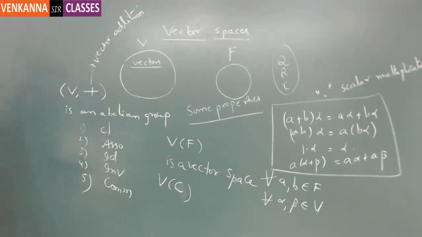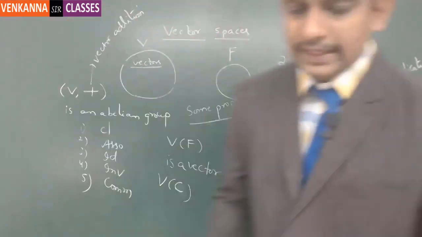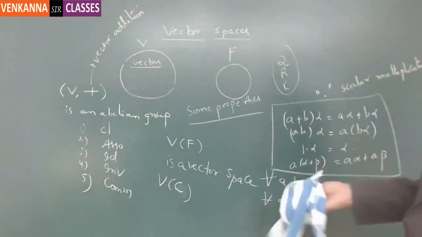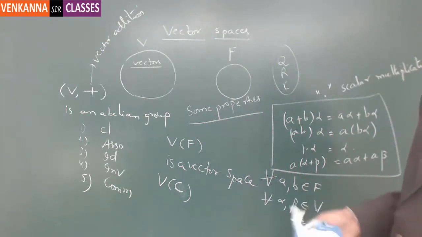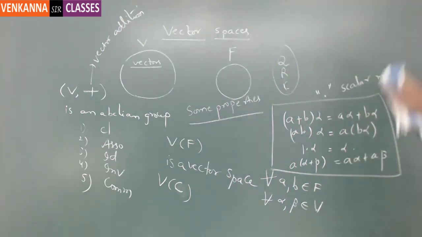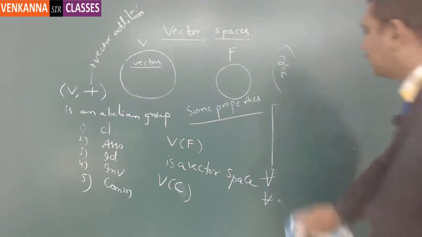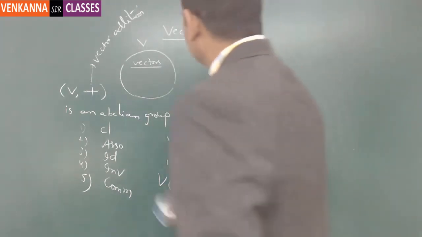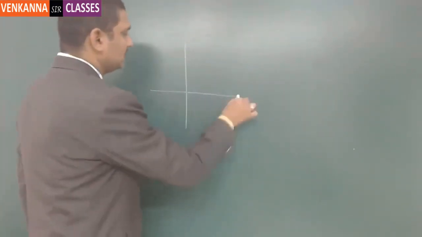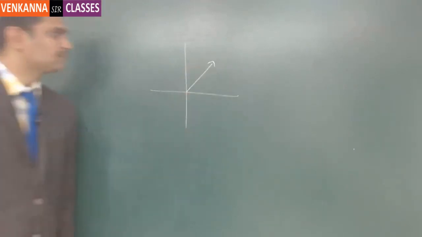Right. Now, this theory deals with all the vectors we have learned at the level of coordinate geometry or three-dimensional geometry. So, if you take two-dimensional geometry, let me say this is a vector.